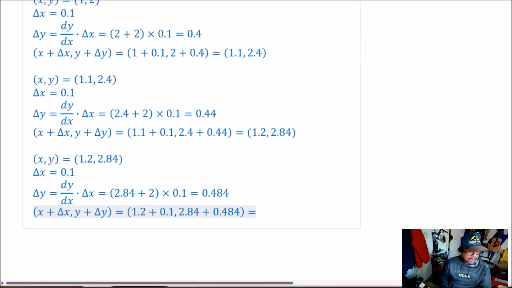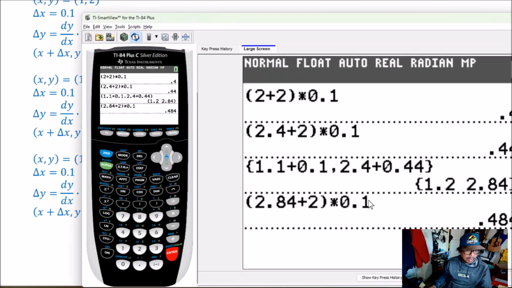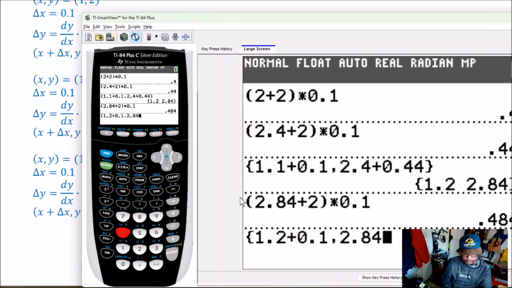Let's go back to the calculator. And again, using the braces, we'll do 1.2 plus 0.1 for my x coordinate, and my y coordinate is going to be 2.84 plus my delta y of 0.484.